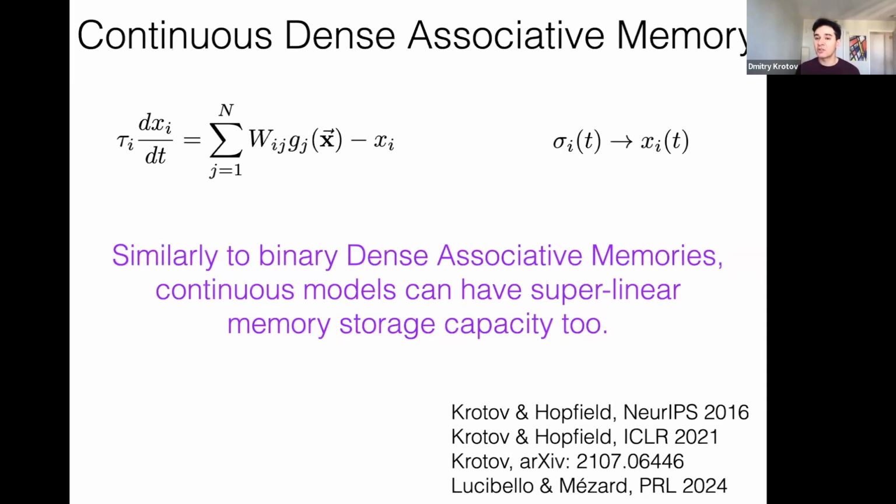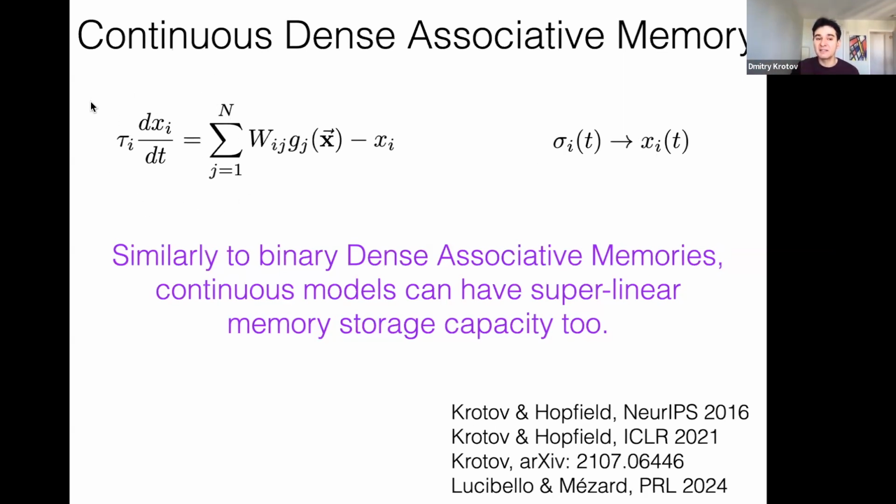Essentially, in order to go from binary description to continuous networks, what one needs to do is to replace these binary Ising-like spin variables with continuous time-dependent variables xi of t. And one needs to replace discrete spin flips that lead to the minimization of the energy with a dynamical system.